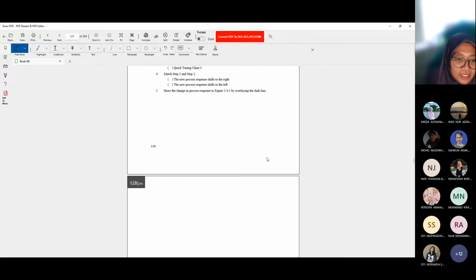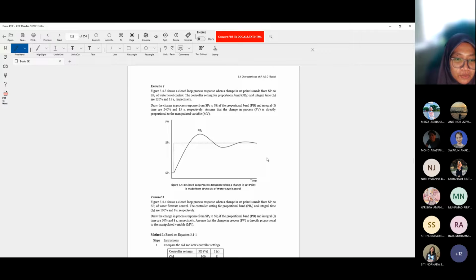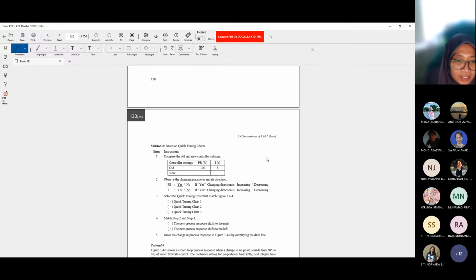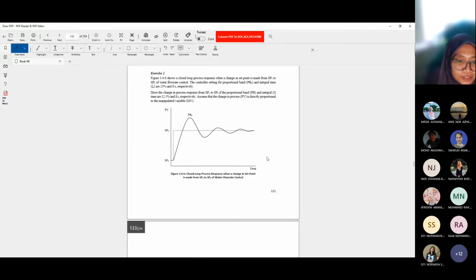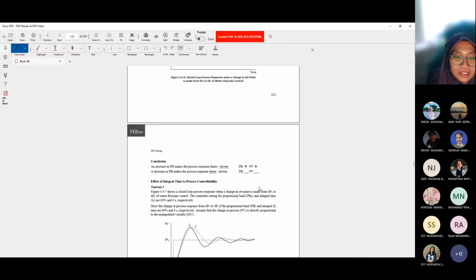Okay, so we try to conclude. The conclusion is here. When you increase PB, your PV would be slower. So the relation between these two is inversely proportional.